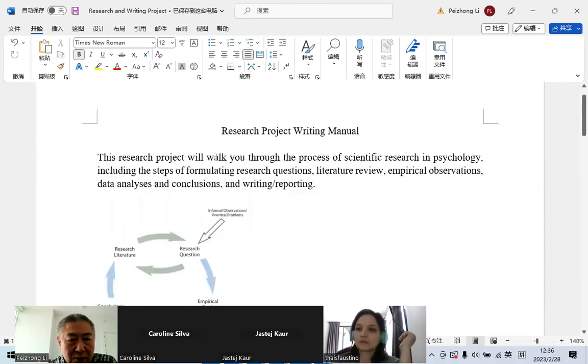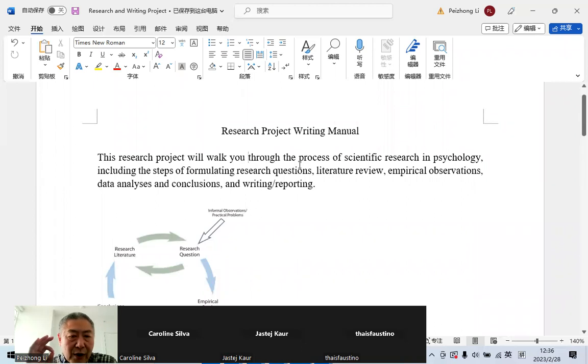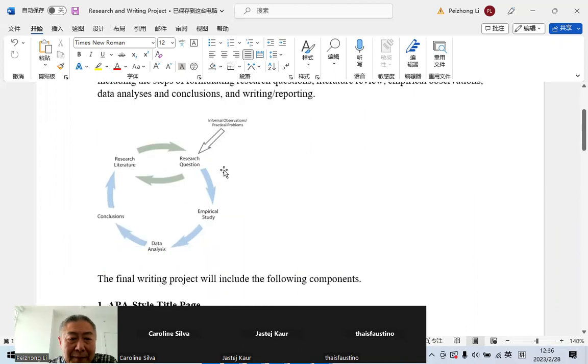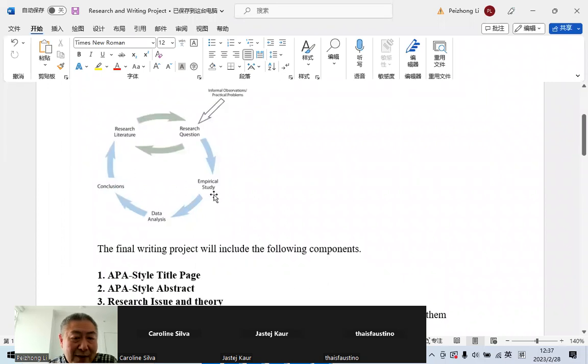When you are doing the writing project, you are going through the whole process of scientific research, and we're going to go through all the steps. Remember your research: what's the first step? Research question, research issue. Once you have a research issue, you develop your theory, and then you do an empirical observation.